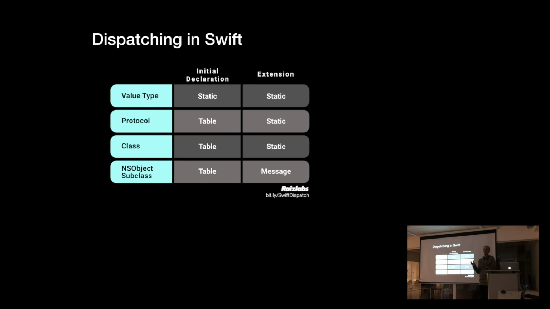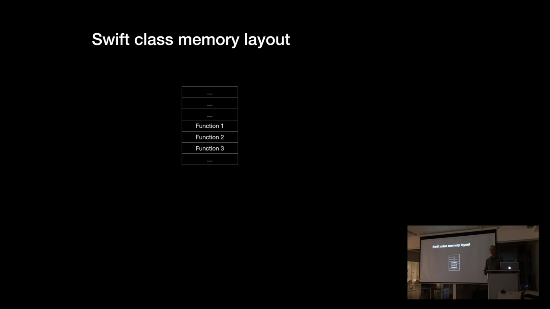It's possible because there is one place to exchange, to swap implementation pointers. But with static dispatch, it's a little bit more deeply embedded into assembly code, and it means that there is no single source of truth. The jump to a real implementation is just tied together with the assembly code. I will describe it in detail in a moment, but let's think about the Swift class memory layout.